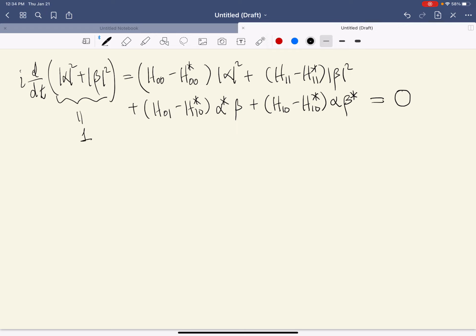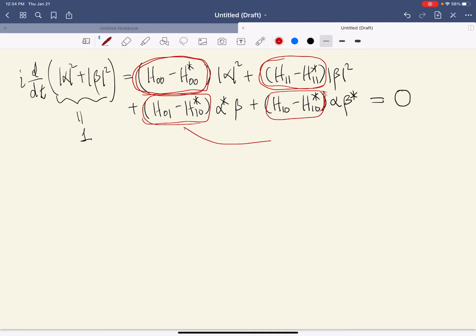Now, for that to be the case, of course, the most natural way to ensure that happens is by taking all of these things to be 0. Okay. But all of these things put together lead you to nothing but the hermiticity condition.